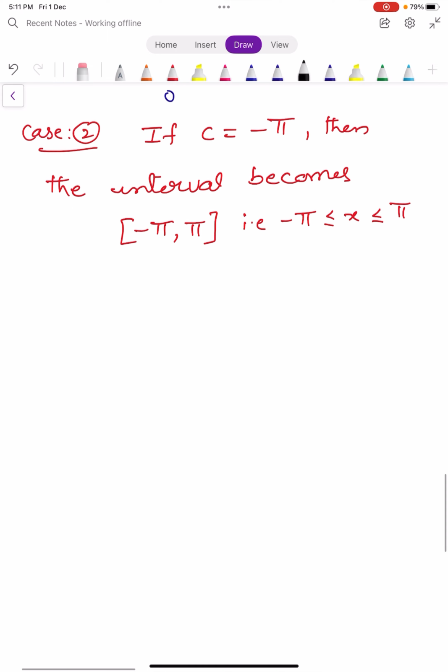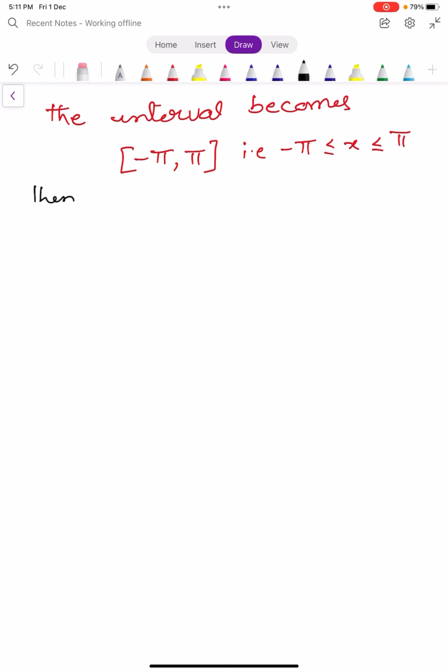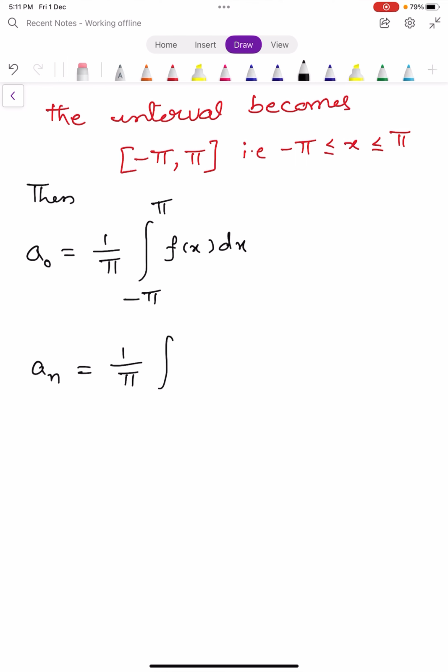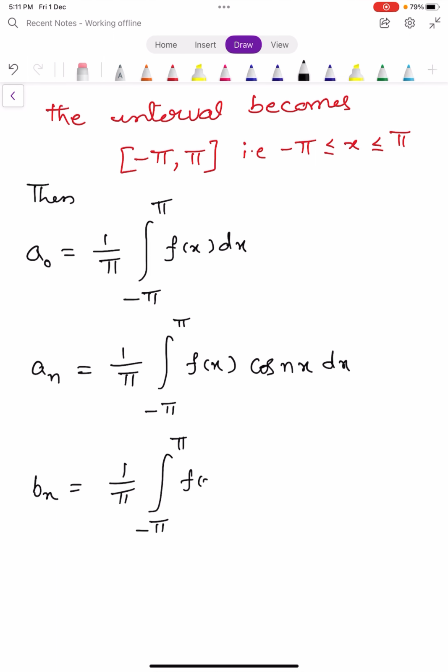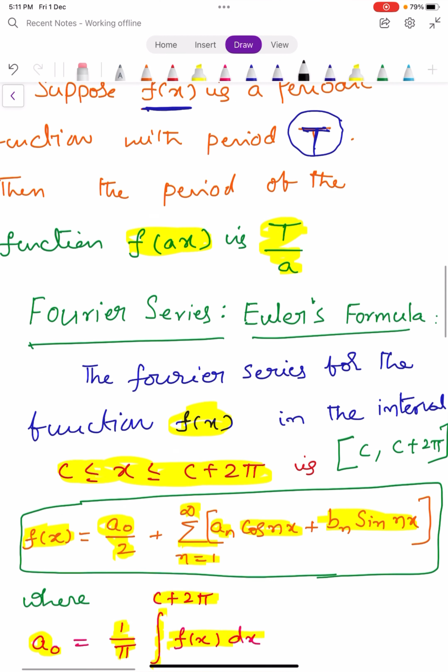In this case, Euler's formula becomes a naught is equal to 1 by pi integral minus pi to pi f of x dx. a n is equal to 1 by pi integral minus pi to pi f of x cos nx dx, and b n is equal to 1 by pi integral minus pi to pi f of x sin nx dx.